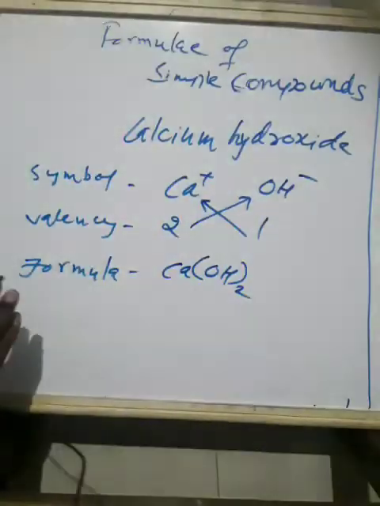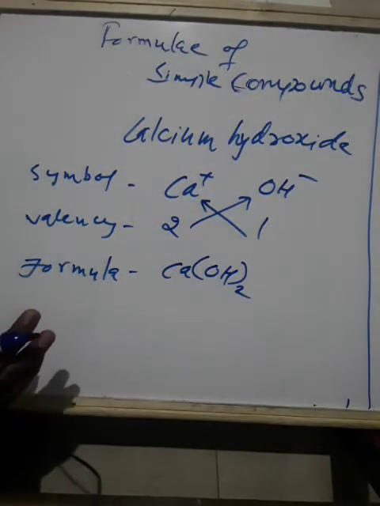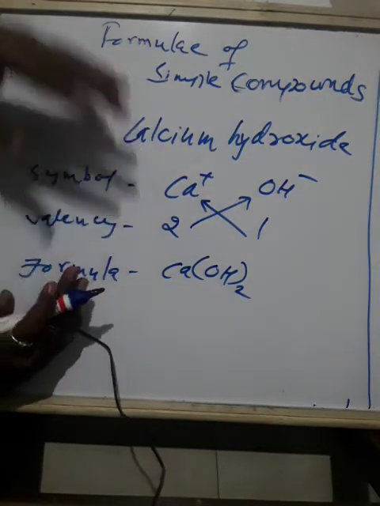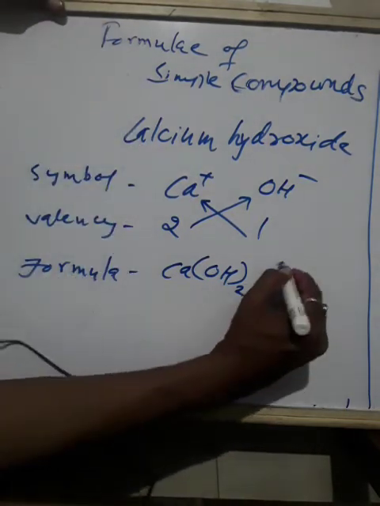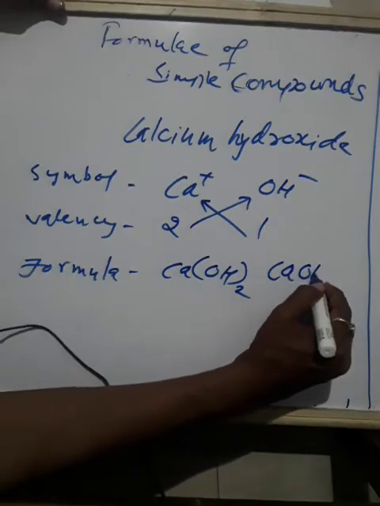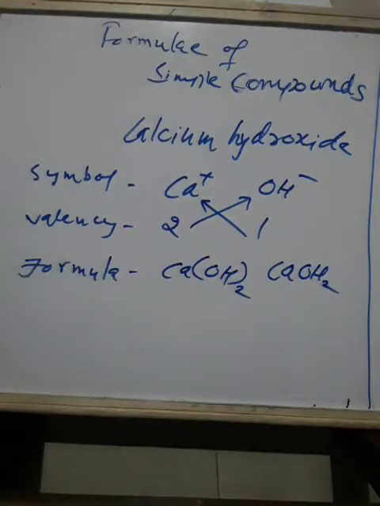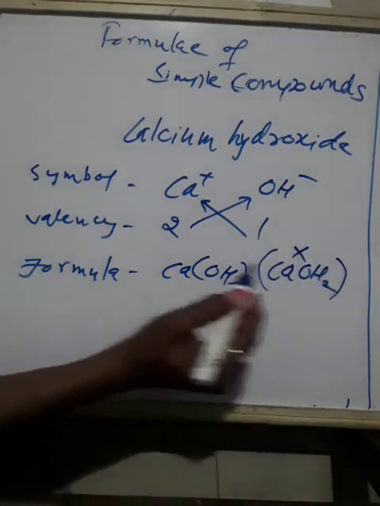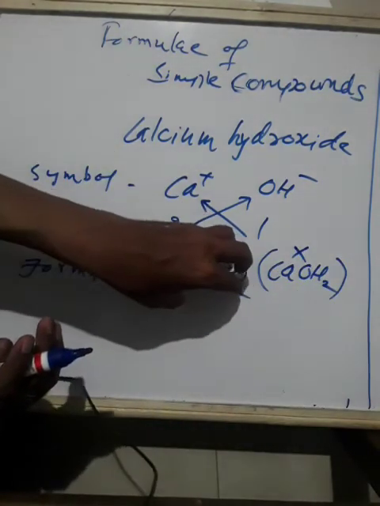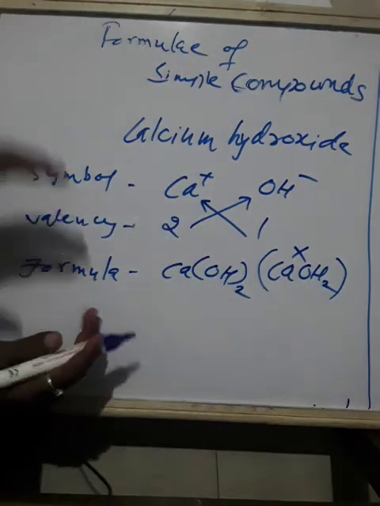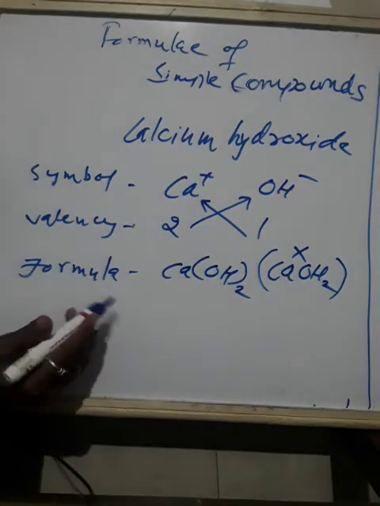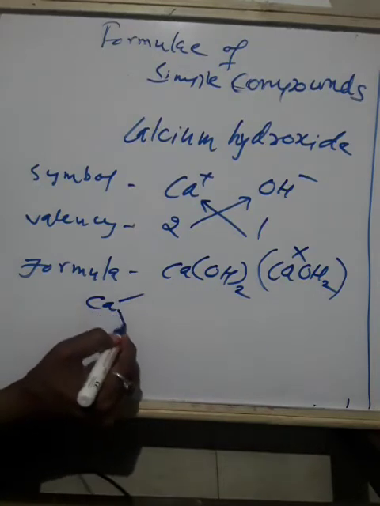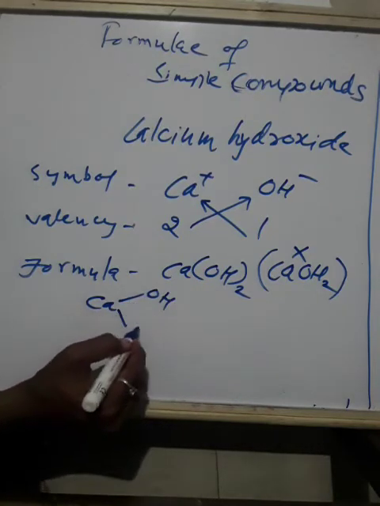So calcium hydroxide is Ca(OH)2. But you may ask why we can't write it as CaOH2. We cannot write this because (OH)2 in brackets indicates calcium hydroxide contains one atom of calcium joined with 2 hydroxyl groups.